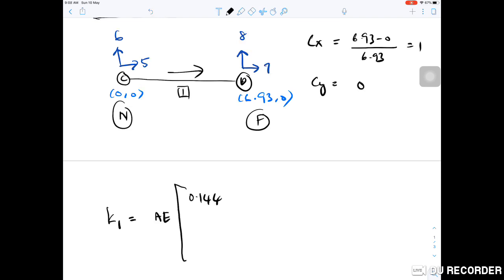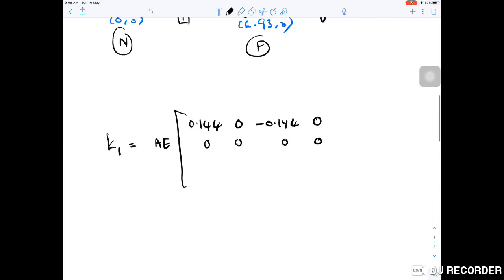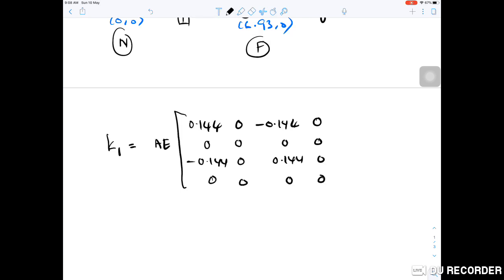Cx Cy is 0, negative Cx square is negative 0.144, 0. Then Cy square is 0, and the rest are 0. I will get negative 0.144, 0, 0.144, 0, 0, 0, 0, 0. So this is the element stiffness matrix for element number 1.